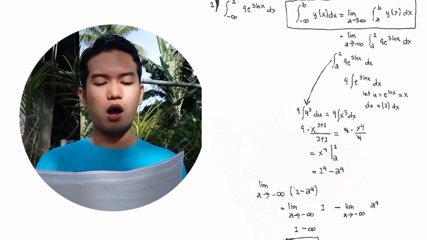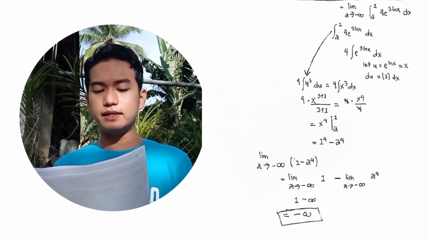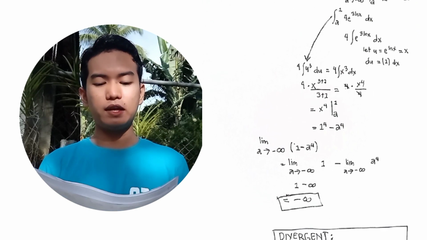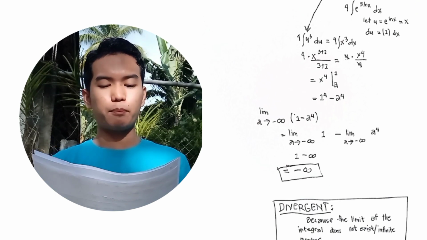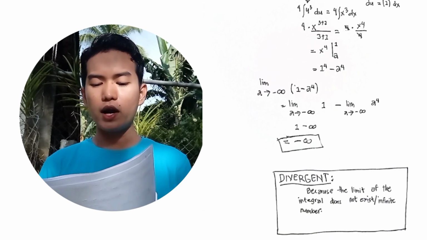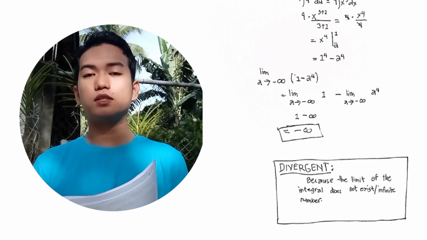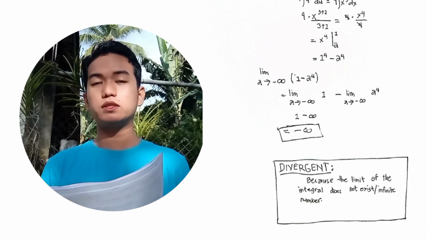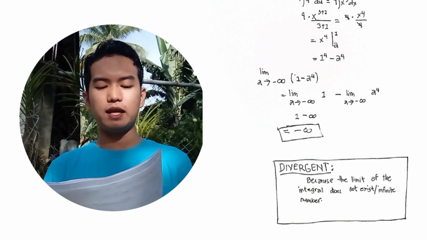So the limit of 1 minus a to the power of 4, where a is approaching negative infinity, we have the limit of 1, where a is approaching negative infinity, minus the limit of a to the power of 4, where a is approaching negative infinity. So we have the result of 1 minus infinity, which of course is equal to negative infinity.